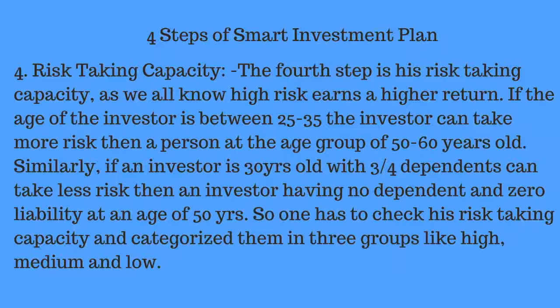Similarly, an investor who is 30 years old with 3 or 4 dependents can take less risk than an investor having no dependents and zero liability at the age of 50. So one has to check his risk taking capacity and categorize it in three groups, namely high, medium or low.